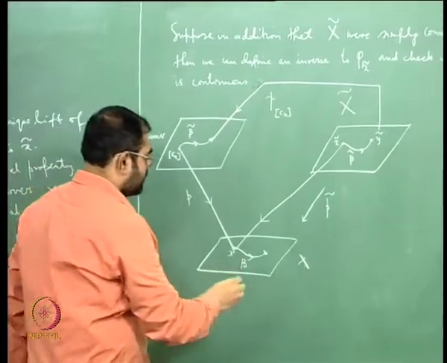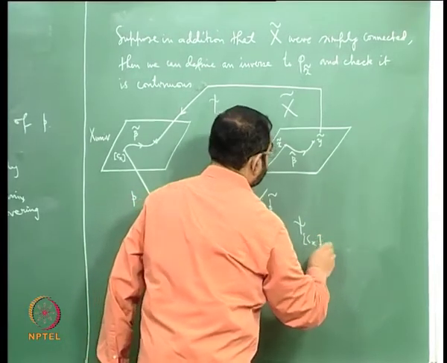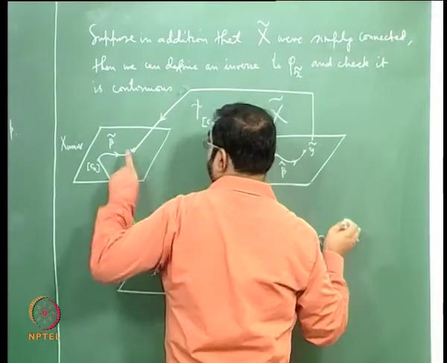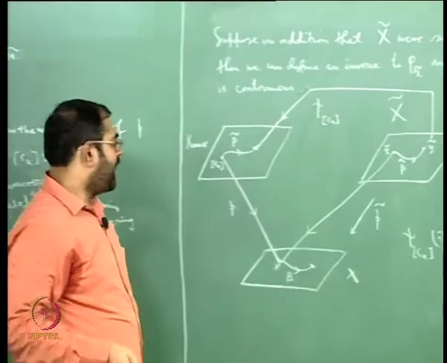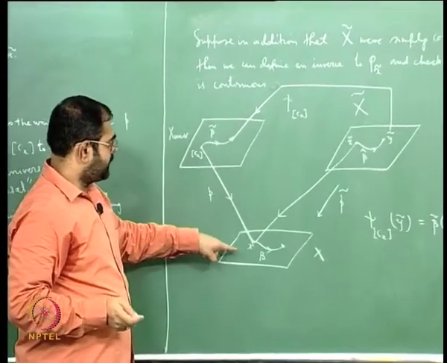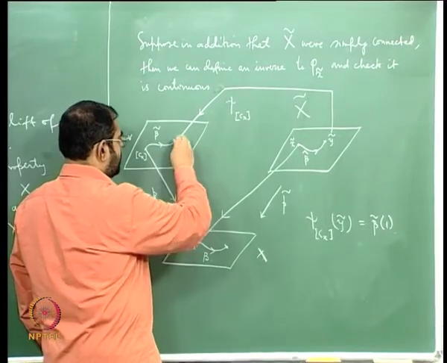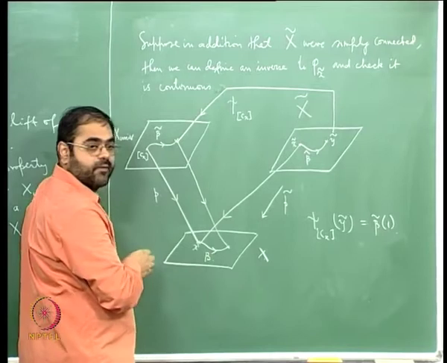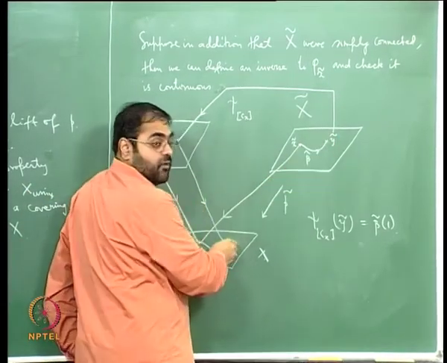So psi sub Cx is going to send y tilde to beta tilde of 1, okay, and you see this point, which is beta tilde of 1, lies over beta of 1, and of course y also lies over beta of 1, okay.